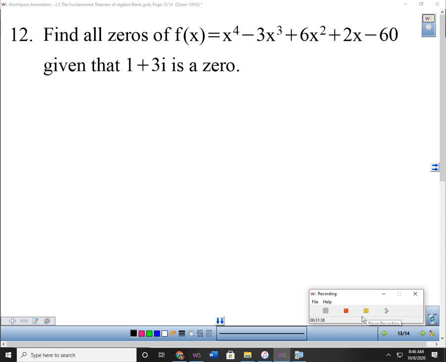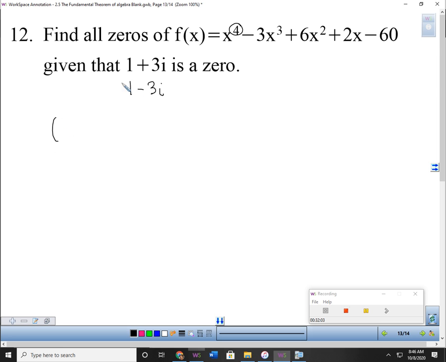Alright, so they've given us 1 zero, and they want us to find all the zeros. So we should have 4 zeros in total, alright? And I'm looking at this, and I know that if 1 plus 3i is a zero, then 1 minus 3i is also a zero. That's all the information I have. So what I'm going to do is I'm going to go ahead and multiply those factors together.